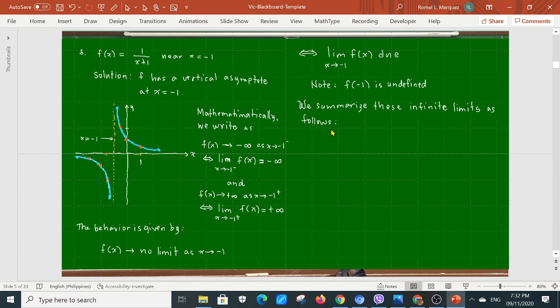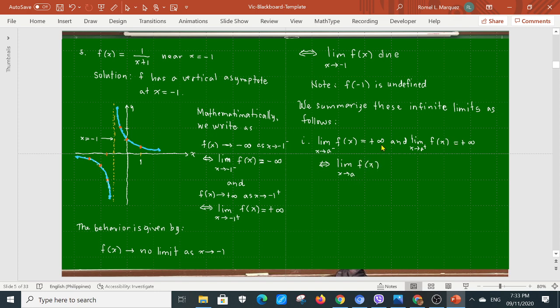Let's say number 1: if I have the limit as x approaches a from the left of f of x equal to positive infinity, and the limit as x approaches a from the right of f of x is equal to positive infinity also, this is equivalent to the limit as x approaches a of f of x.